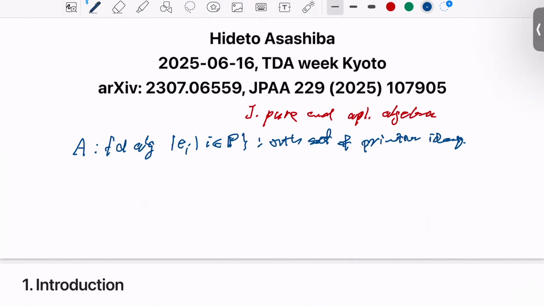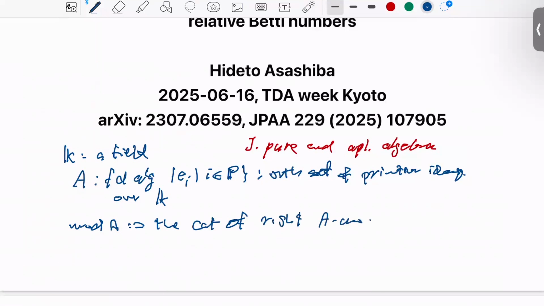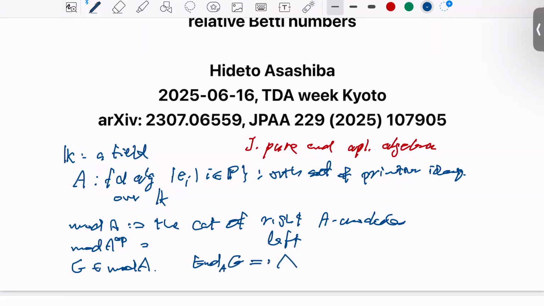Now I fix a field K. This is over K, and here mod A is the category of right modules. Mod A opposite is the category of left modules, and G is a right module, and the endomorphism algebra of G is denoted by lambda.